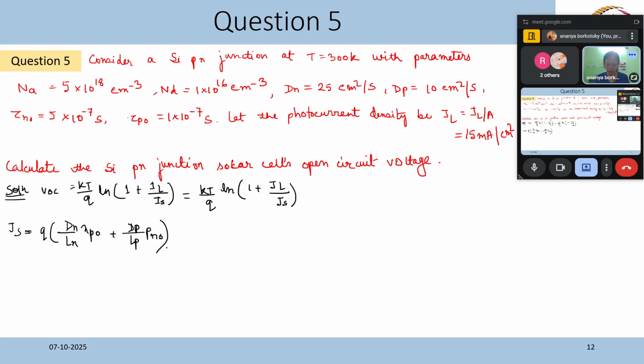So this Np naught is in the p side. How can we find this? Ni square by Na, right, from the mass action law. This is week 11, so you already know this expression. Even if you don't remember, you should know that I'm writing this naught, that means this is equilibrium. So in equilibrium, we can use the mass action law.